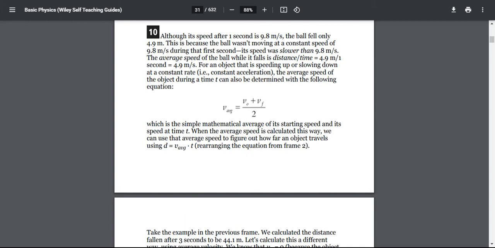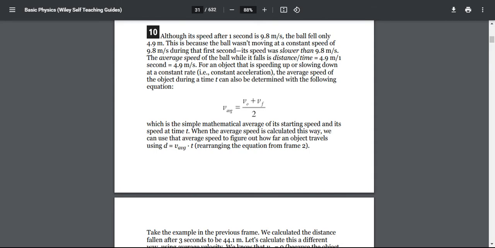Instead, if you have an average speed, you can use the simple equation d equal to v into t, average speed into time. Which one is best? Obviously d equal to v into t, but for that you must find the average speed. The average speed equation is v equal to v0 plus vf upon 2.